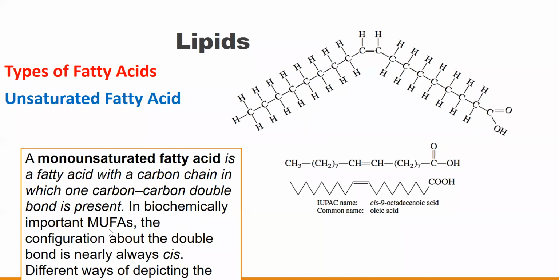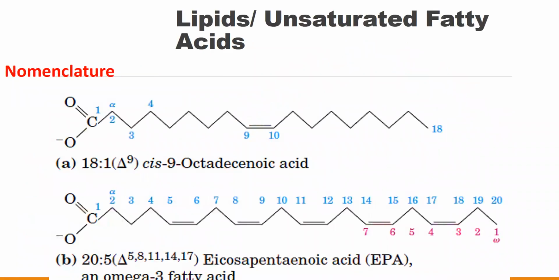In biochemically important monounsaturated fatty acids, the configuration about the double bond is nearly always cis. Usually in unsaturated fatty acids, the double bond will always be cis. So there are different ways of depicting the structure of monounsaturated fatty acids.